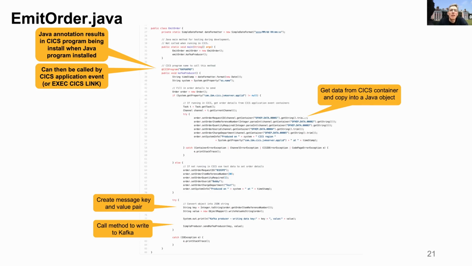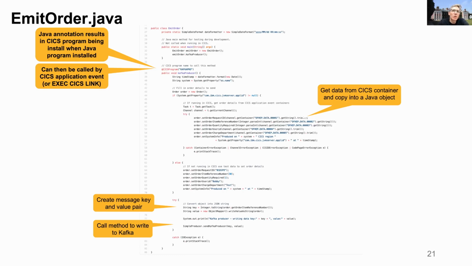And then the value is the actual JSON representation of that Java object. So I've got an object wrapper that flattens a Java object down to a JSON document.